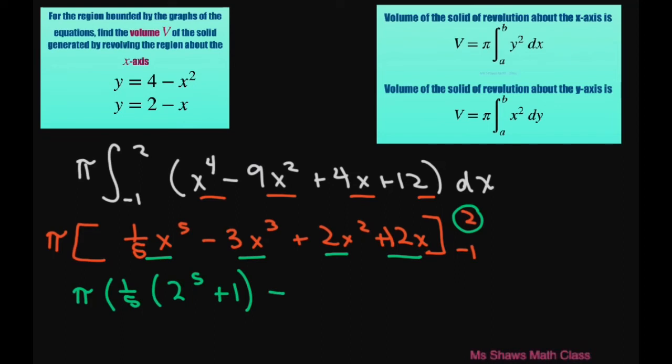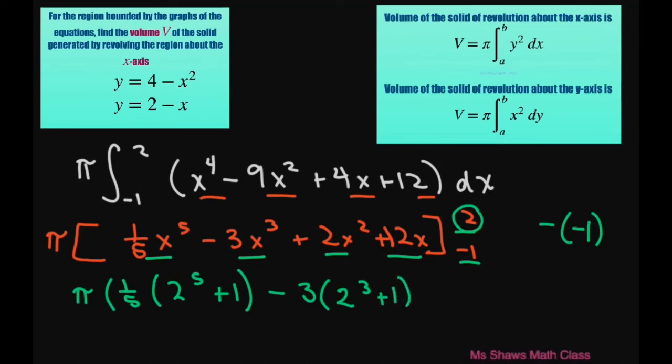Now, same thing with this one. We're going to get 3. Substitute in the 2, and that's going to give you 2 cubed. And then substitute in the negative 1. Since we're subtracting for this one, you're doing negative 1 cubed, and substituting that in, you're going to get plus 1.